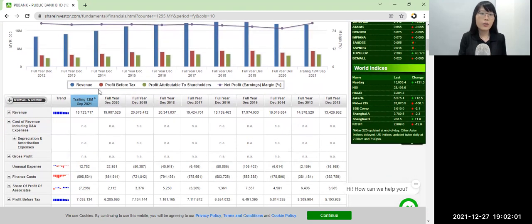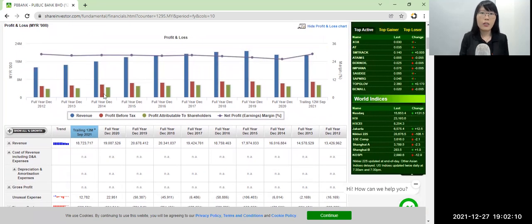Okay, and then the trailing 12 months to September 2021. So you can see this graph is beautifully drawn for you. You will know that the blue color stands for revenue, profit after tax is red color, and the green color stands for profit attributable to shareholders, and the line stands for net profit earnings margin.